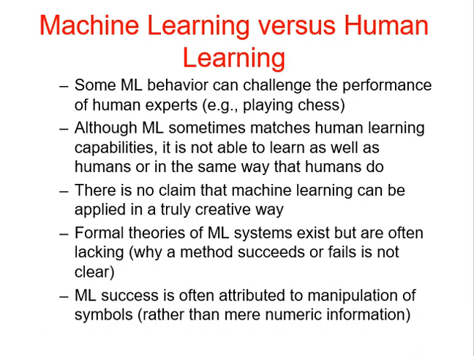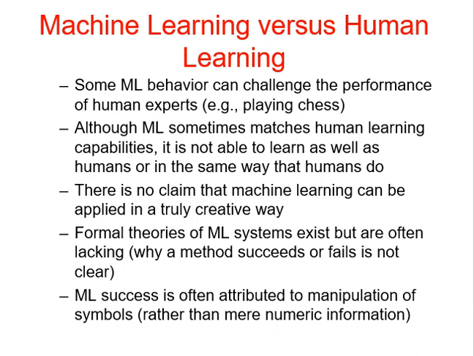It means a machine cannot learn in a way that a human does. There is no claim that machine learning can be applied in a truly creative way. Usually a machine will learn from past data, so there is no possibility that a machine can learn in a creative way. And there are formal theories of ML systems, but they are often lacking.